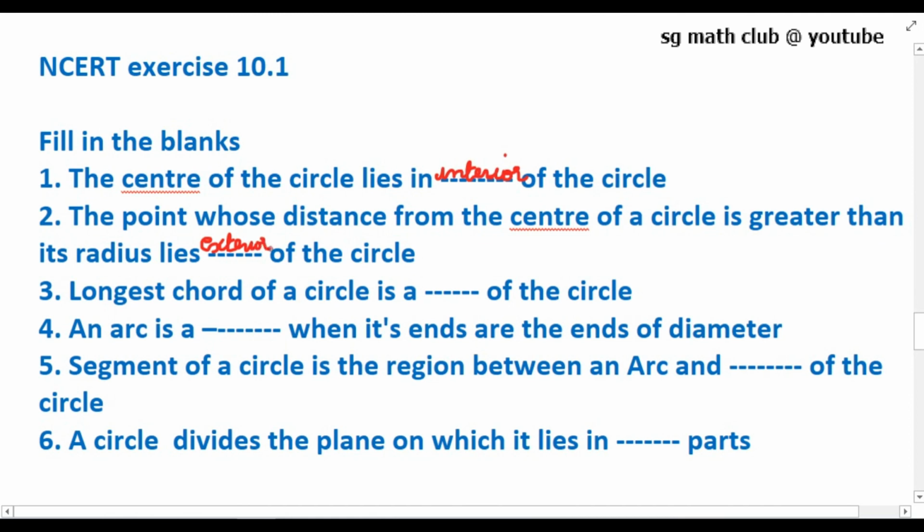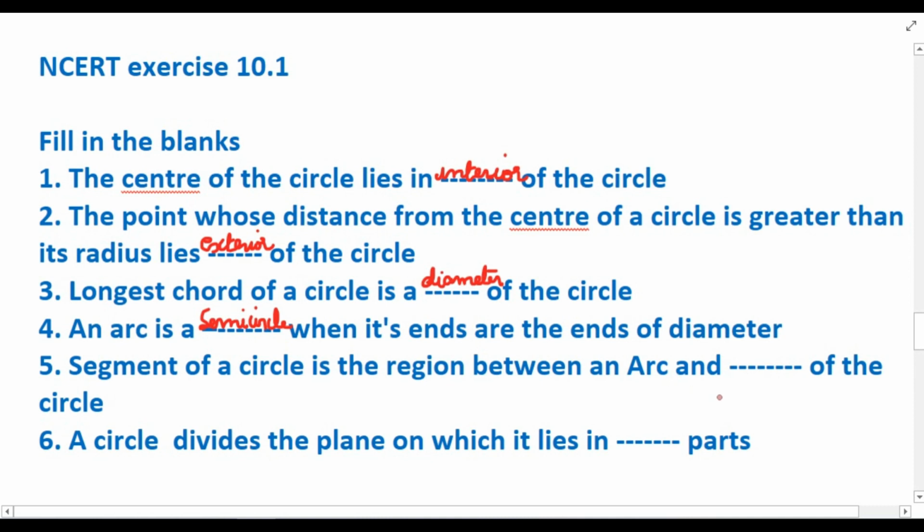The longest chord of a circle is the diameter of the circle. Again, an arc is a dash when its ends are ends of the diameter. An arc will become a semicircle when its ends are ends of the diameter.